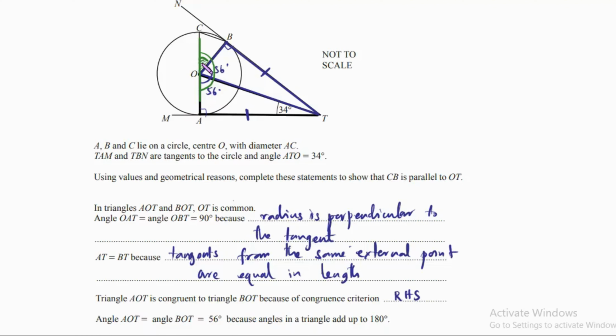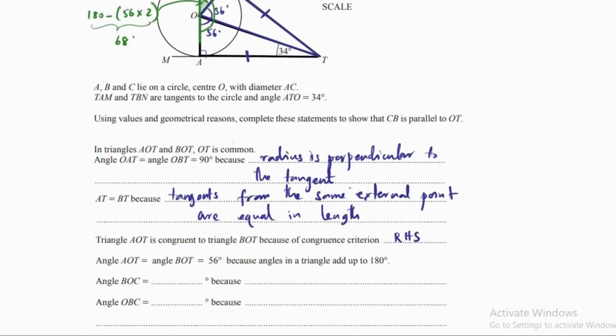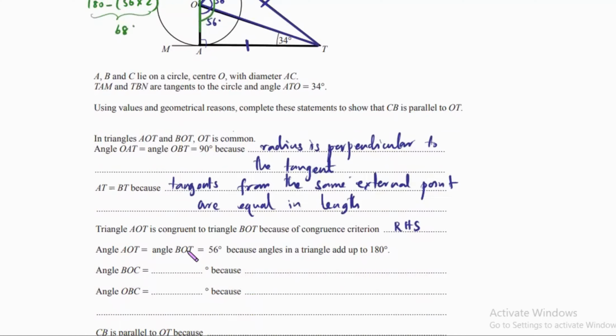Which means for me to find BOC, from 180 I can deduct both the 56 degrees that I have here. That will be equal to 68 degrees. Which means the value of this angle BOC is equal to 68 degrees.